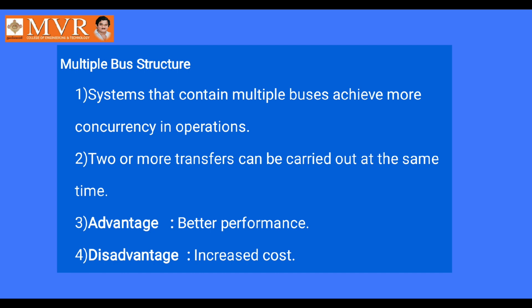That's why its performance is high. But when transferring data between n number of components, we need more connections, so its cost will be a little high. The major disadvantage compared with the single bus is increased cost.